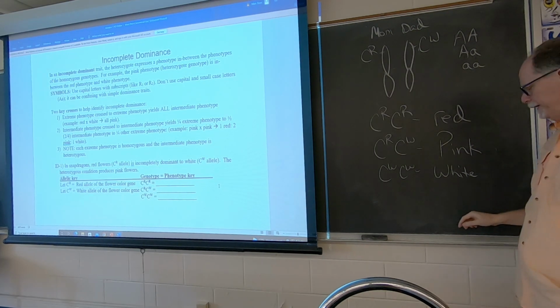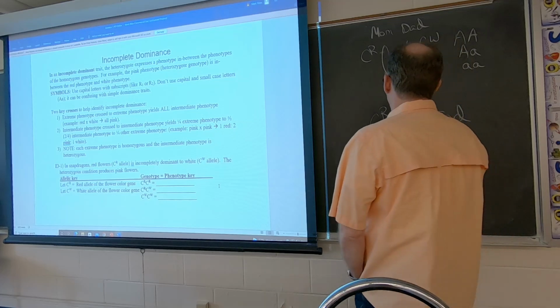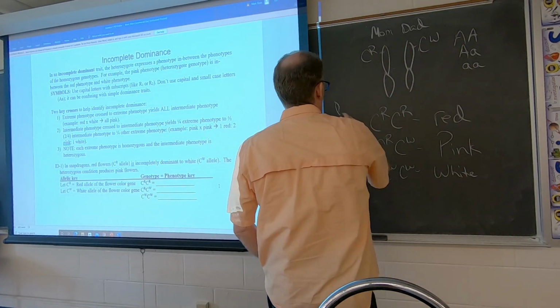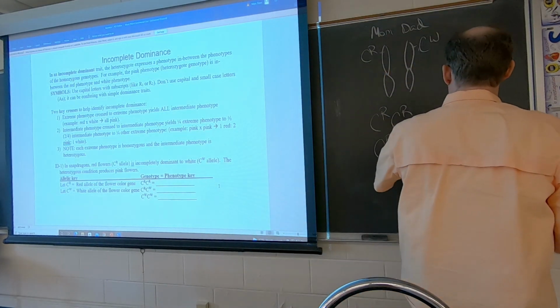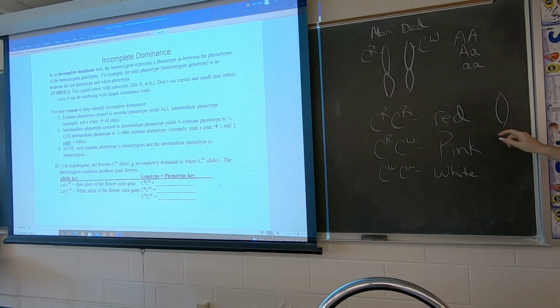There's other things. You could also say, let's just say you get the long tail if you're homozygous, and then you get the short tail if you're homozygous for the other, and then if you're heterozygous, then your tail is medium. Long, medium, and short. So it could be length, or it could be a shape.